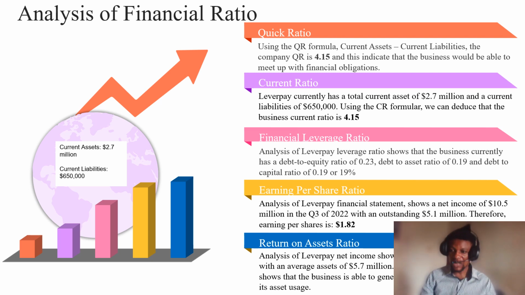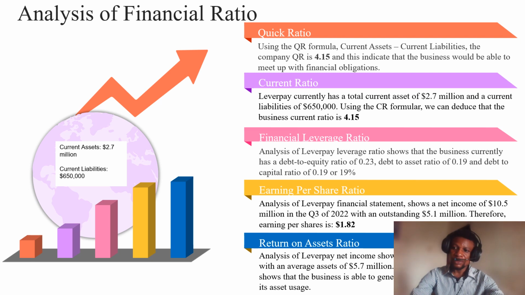In this case, we do not have inventory, so we're left with current assets divided by current liabilities, and that gives us 2.7 million divided by 650,000, which amounts to 4.15, and that is the quick ratio of Liverpay. So this indicates that the business will be able to meet up with financial obligations, especially the ones that fall within a period of 1 year.